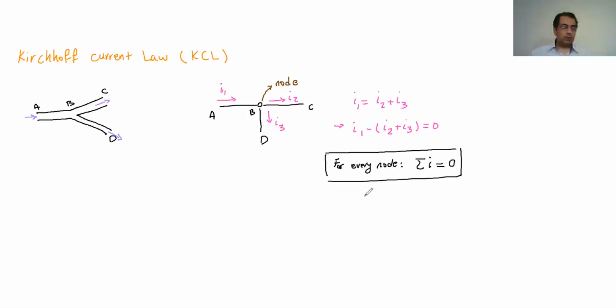So every node in your circuit you choose, it doesn't matter. Every node you choose, if you add all the current getting in and subtract all the current that leaves, it should come to 0. So that's the very first law that we use a lot when analyzing the system.